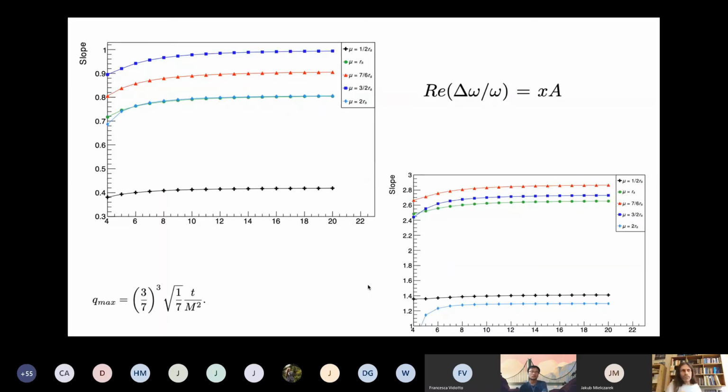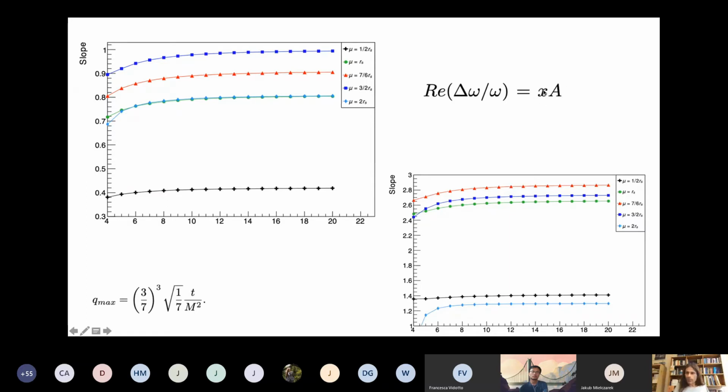So here I have plotted the numerical results that can be used for anyone playing with a toy model. What is plotted here is basically the coefficient x, because the relative variation of the frequency, either real or imaginary part, is linearly varying upon this deformation A, and x is the amplitude of the deformation.